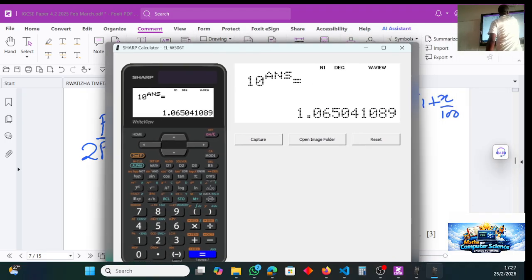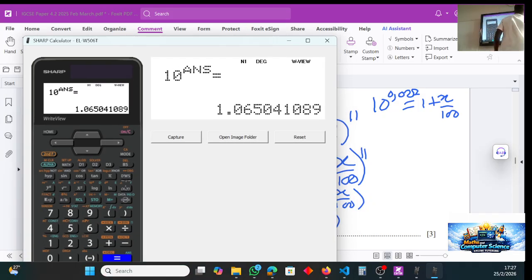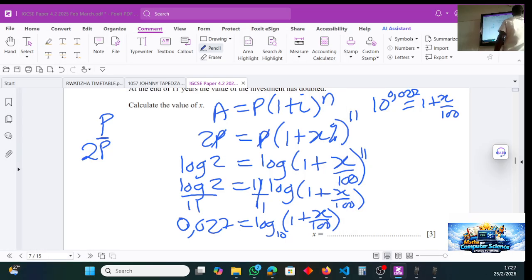So with this solution that I have, whichever answer that I have is equal to 1 plus x, so let me just say 1.065. So I'll come and say 1.065 equal to 1 plus x over 100.